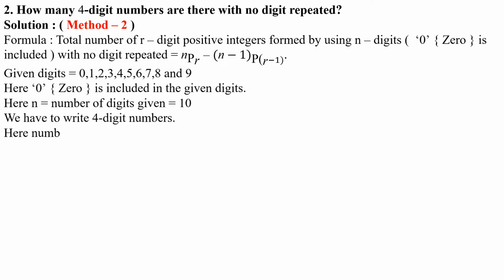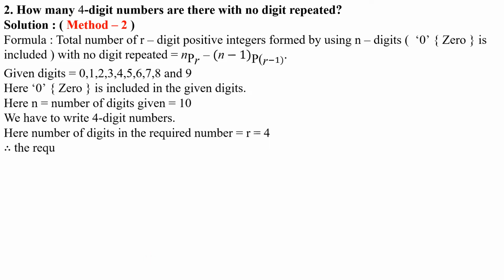Here r is the number of digits in the required number. How many digits should be there? 4 digits. So r is equal to 4. So like this we have to find the n value and r value. n is equal to 10 and r is equal to 4. After finding these two values, we substitute them in this formula to get the number of 4-digit numbers when no digit is repeated.